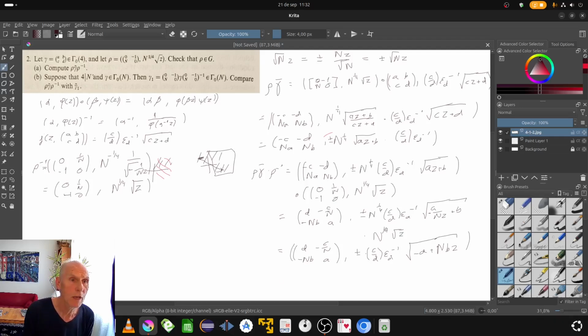That was my attempt at A. Next we assume 4 divides n, which means that, I don't believe you can see that.